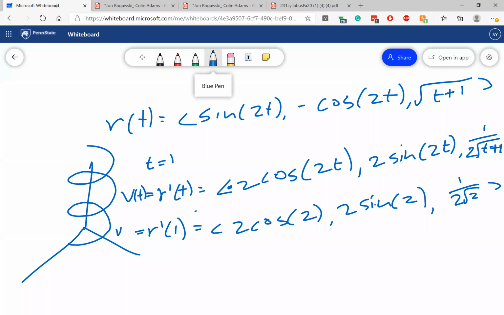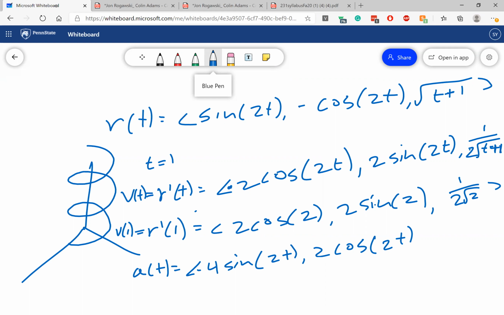So the acceleration vector is going to be negative 4 sine of 2t, 4 cosine of 2t, and then this over here is going to be 1/2 times t plus 1 to the negative 1/2.